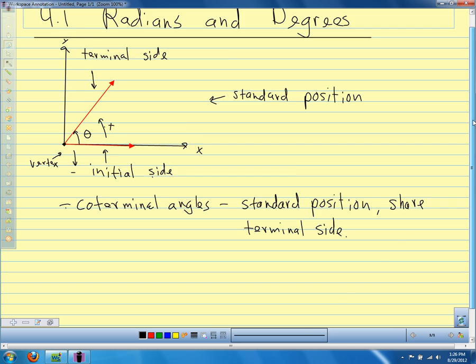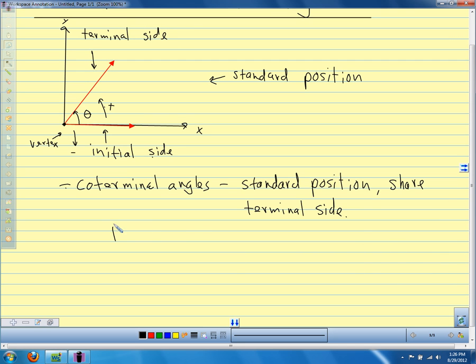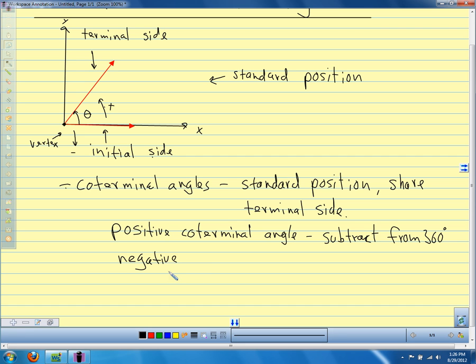So to find coterminal angles, to find a positive coterminal angle, we're going to add pi or 360 degrees, and to find a negative coterminal angle we're going to subtract.